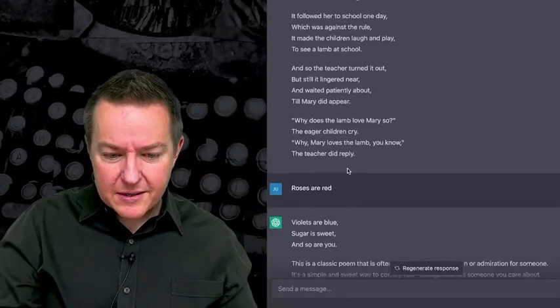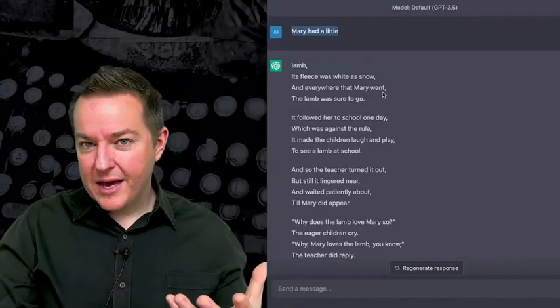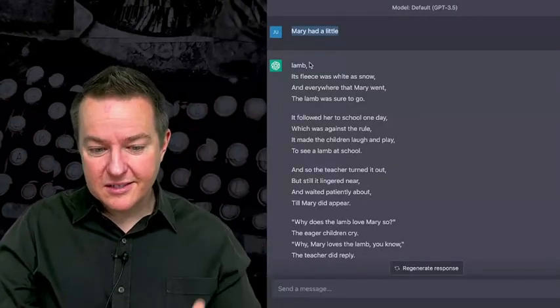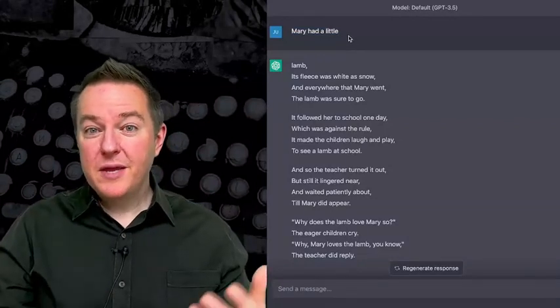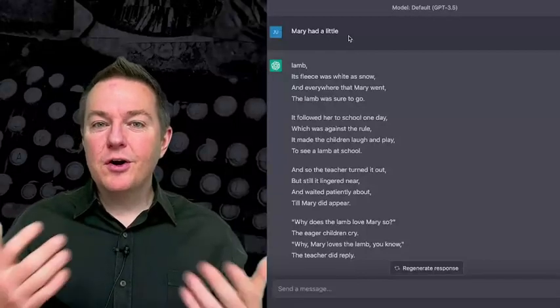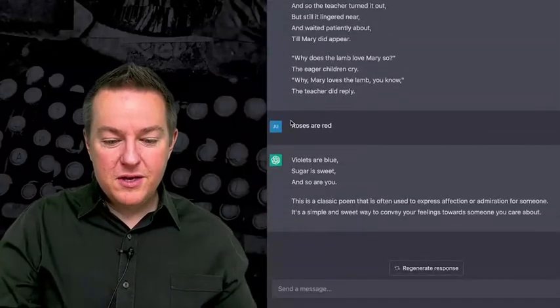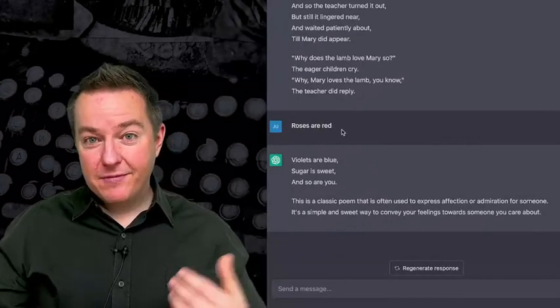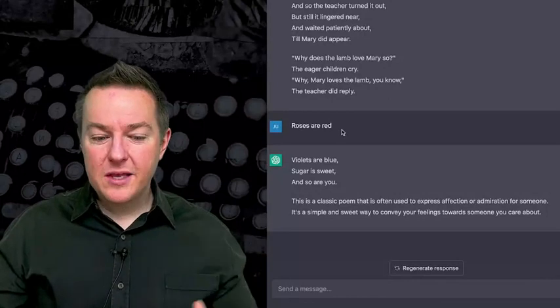Now, if you think about it, it has a lot of context. It's tapping into a pattern that it's seen. I said Mary had a little, and it says lamb. It could have been Mary had a little bit of peanut butter on her shirt, but it's learned context, right? And that's part of what makes it work. It could be roses are red, daffodils are yellow, but it's learned this context, right?